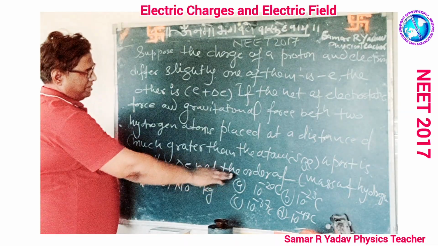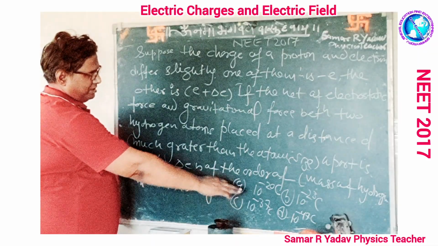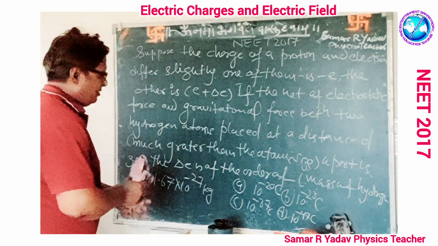Options are A 10 power minus 20 coulomb, B 10 power minus 23 coulomb, C 10 power minus 37 coulomb, and D 10 power minus 47 coulomb. Now we will get the solution of this.